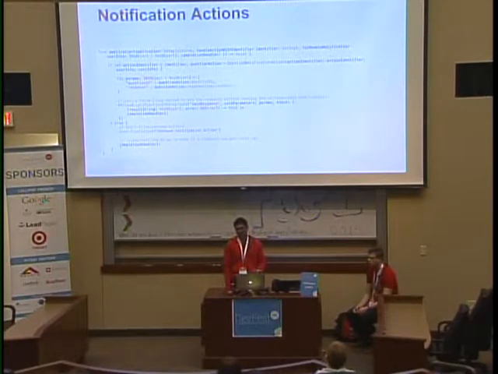And then I try to create my model object. If it succeeds, I know the action that the user took is the one that I'm expecting to handle here. So I can pull the parameters that I need from it, and then send on the information from that to Parse. And of course, you have to make sure to call the completion handler in this method, or iOS will not treat your app well.